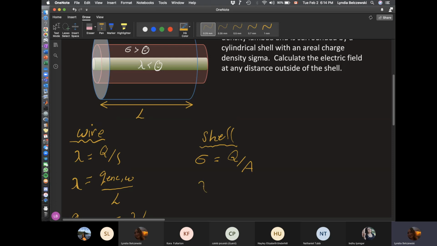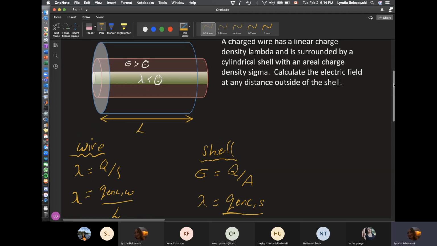Looking specifically at our Gaussian surface, this will be the charge enclosed by the Gaussian surface, subscript S for shell, just to differentiate the two. And that will get divided by the area of the Gaussian surface. That one's not quite as easy to just read off, so we'll have to do a little bit of work to figure out which area that is exactly.